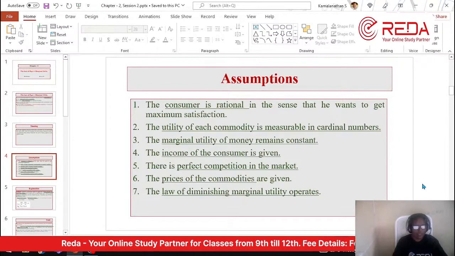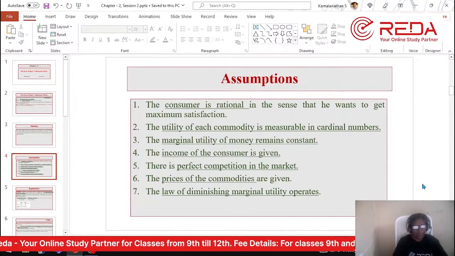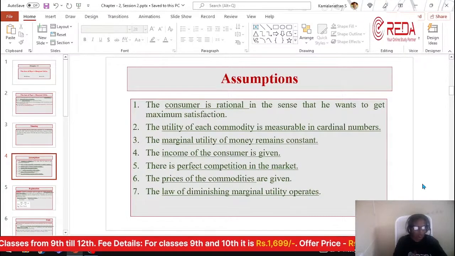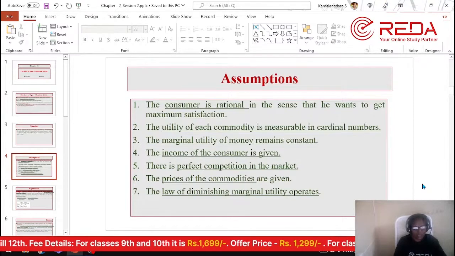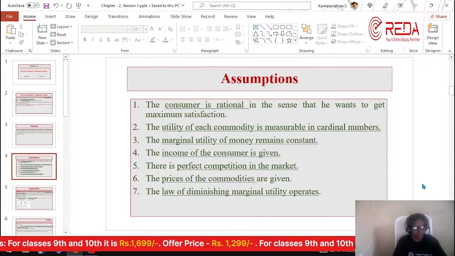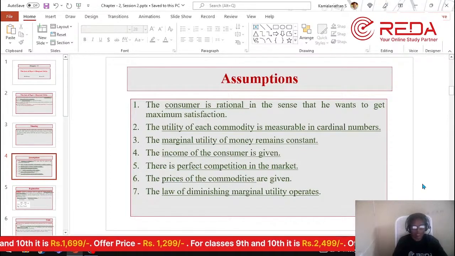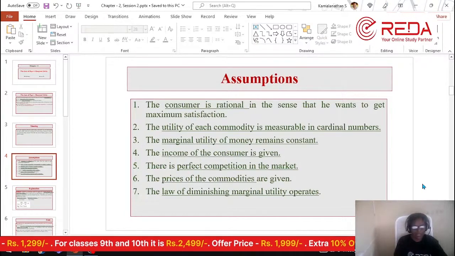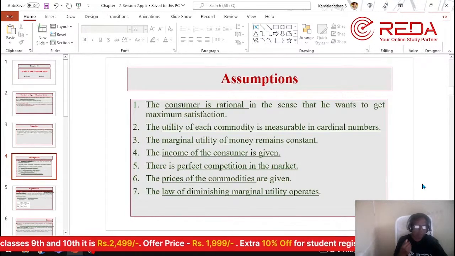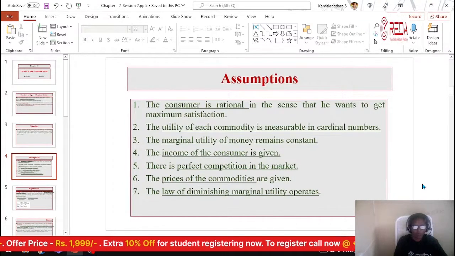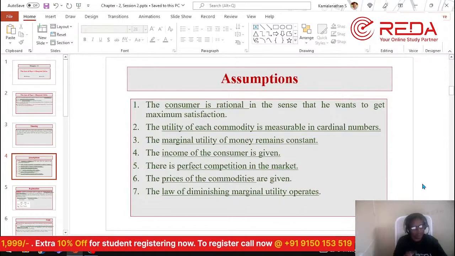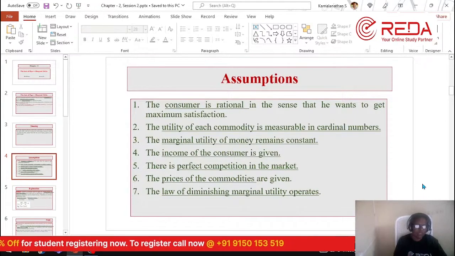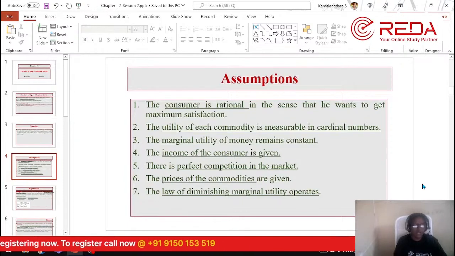Before seeing the concept with examples and diagrams, we will see how Marshall framed the assumptions before explaining the law. Some of these assumptions may be correct after analyzing, and some may not be correct. We will see which assumptions are apt for the law, and which will be criticized by other people.